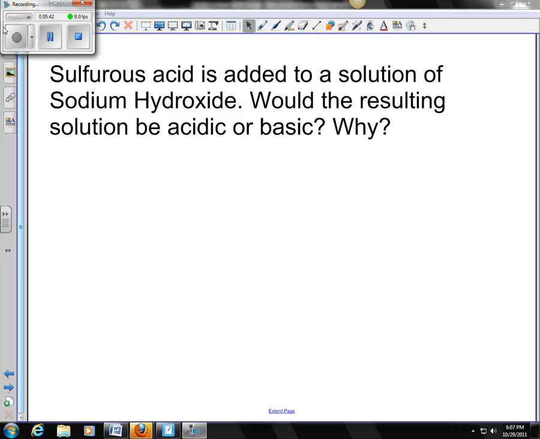Well, first off, if it said hydrosulfuric, that would just be the plain HS. But it doesn't say that. It has sulfurous, so we know that it comes from a polyatomic ion. And it's OUS with sulfur. And OUS, so we know we're dealing with the oxyanion of sulfuric acid.